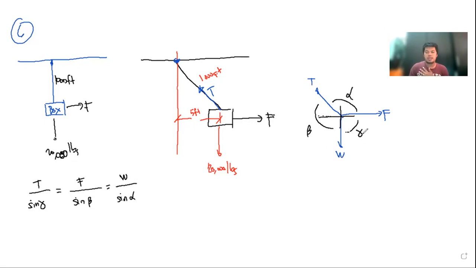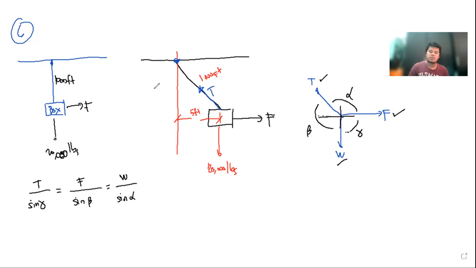As you can see, we do not have the value for the force. We do not have also the value for the tension. So the only known data here is the weight and this angle gamma, which is of course equal to 90 degrees.